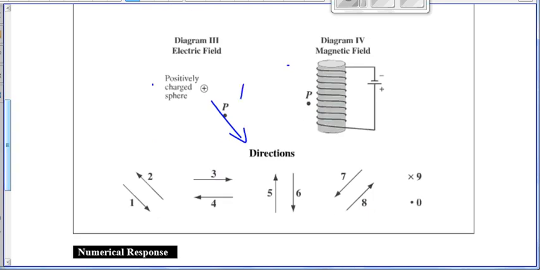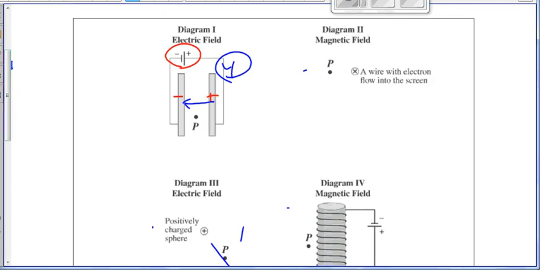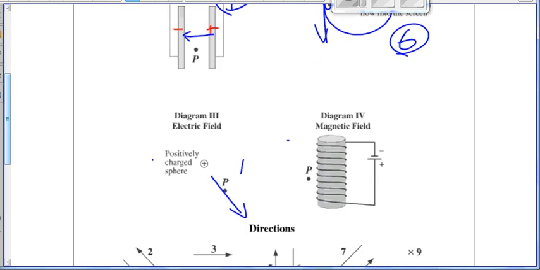Now magnetic field. Here's a wire that's electron flow into the page. Thumb, fingers. This is a wire grasp rule, right? At that point, it's pointing down the page. So that's going to be number 6. Oh, and this is the good one, the coil rule here. We know the electric current is going to the left in the back, to the right in the front.